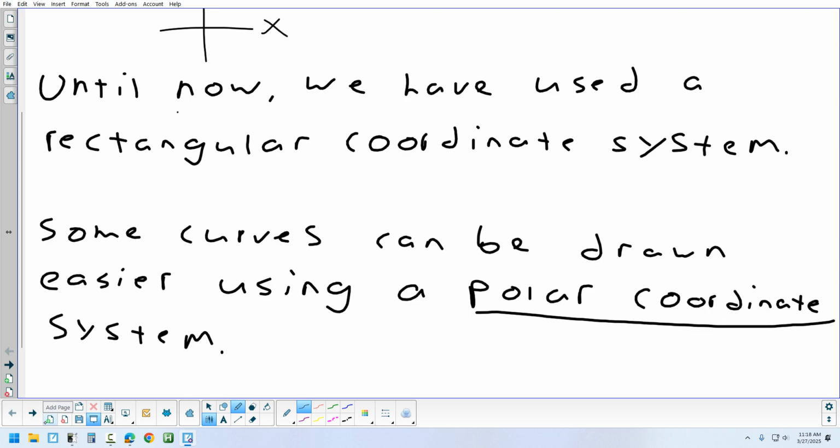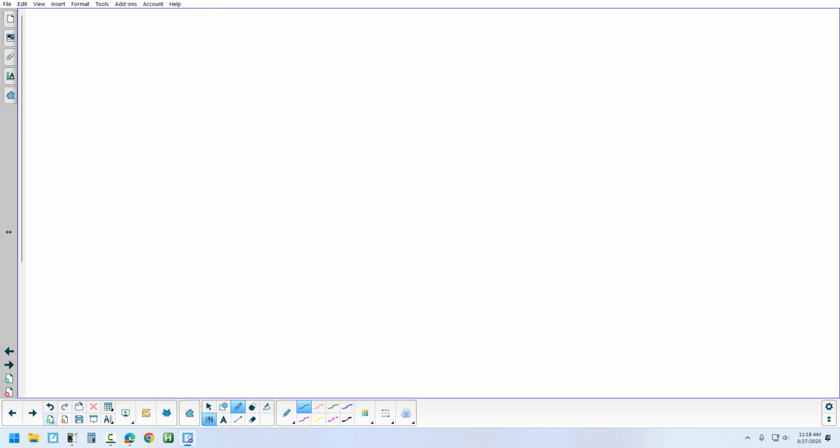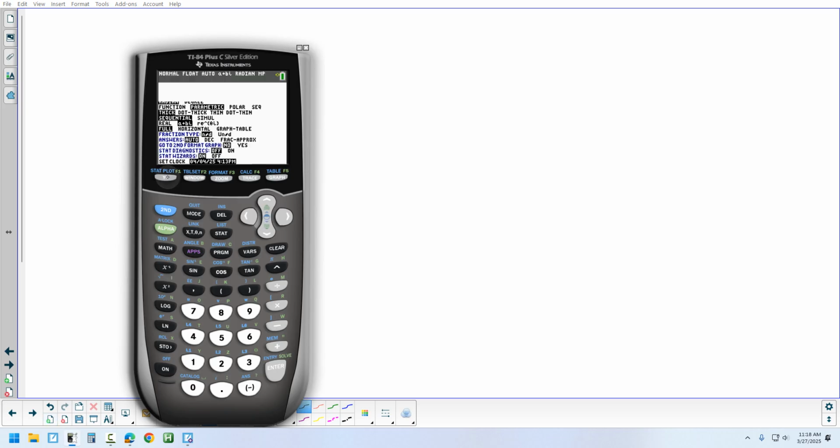It's the only way I can do it in a function system. Then I'm going to do it the way we learned yesterday in parametric, and then in polar. I'm going to show you the differences between all three. When we're done, I want you to tell me which system you think is the simplest for drawing a circle. Let's start with function.